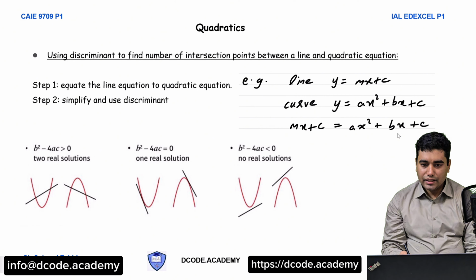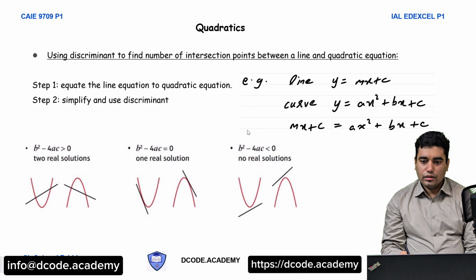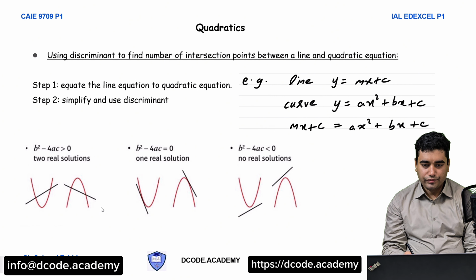Once you simplify that, again you can use the discriminant to find the number of intersection points. As you can see in this diagram, when the discriminant is greater than 0, 2 intersection points; discriminant equal to 0, 1 intersection point, the line is tangent to the curve; and when the discriminant is less than 0, there will be no intersection point.